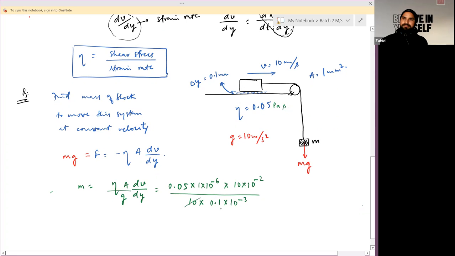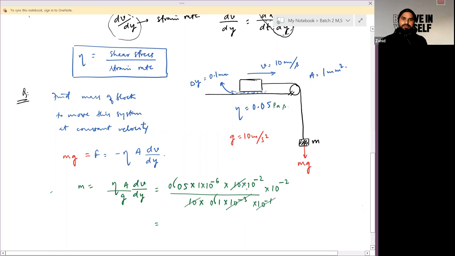Now this term will cancel out. If we replace this negative decimal, you'll get 10⁻², and replacing this decimal, 10⁻¹. So -6, -2, -2, so it will be -10. These two terms, it will be -4.